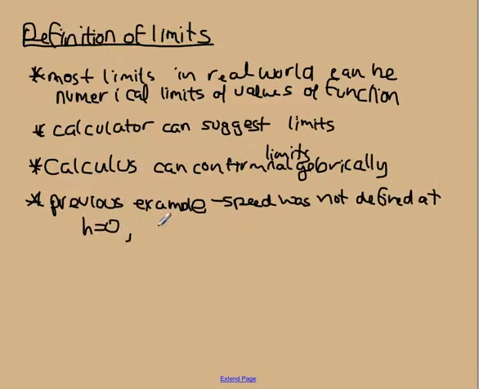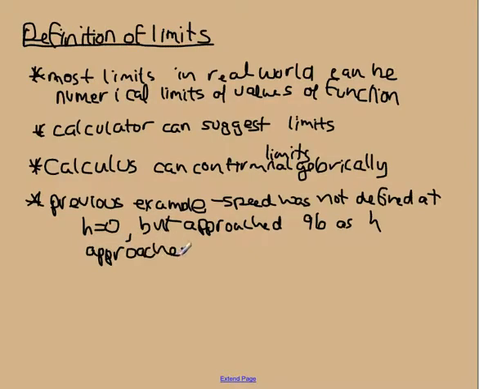But basically, we approached 96 as h approached 0. So as we let h get closer to 0, we got closer and closer to that value of 96. So the graph intended to reach that height of 96.